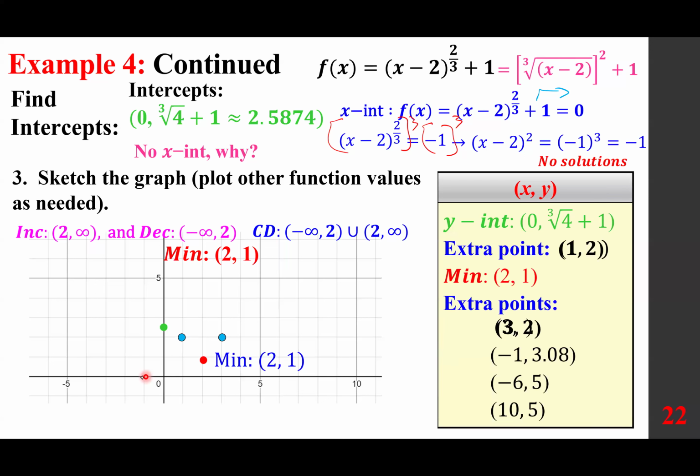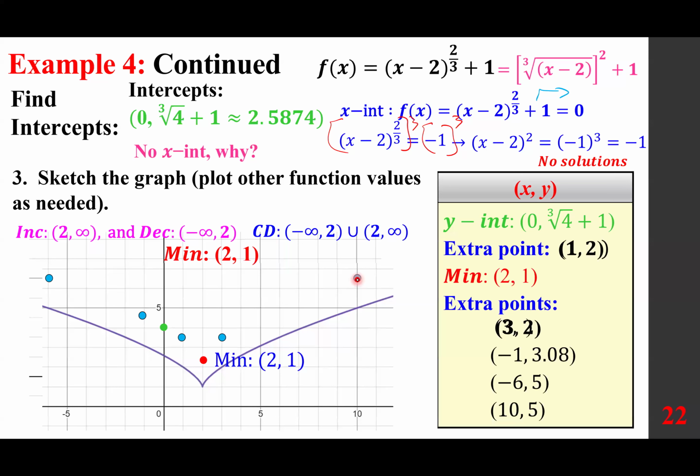Negative 1, 3.8, so somewhere here. Negative 6, 5. Positive 10, 5. Put them together.